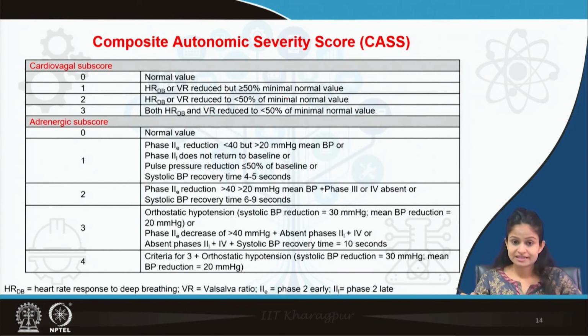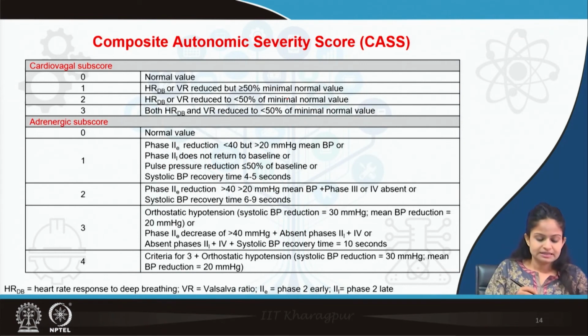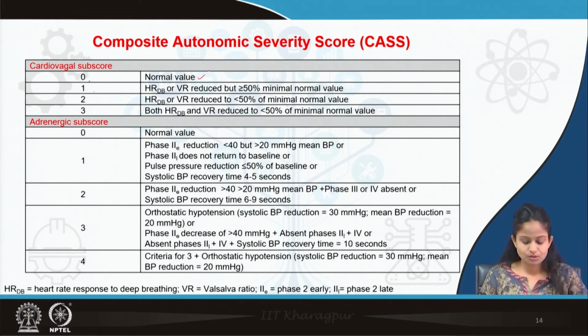Based on these sub scores, we get the composite autonomic severity score, CAS. For the cardiovagal sub score of 0, 1, 2, 3, the normal value is 0. A score of 1 is when the heart rate response to deep breathing or the Valsalva ratio is reduced, but the reduction is more than or equal to 50% of the minimal normal value.